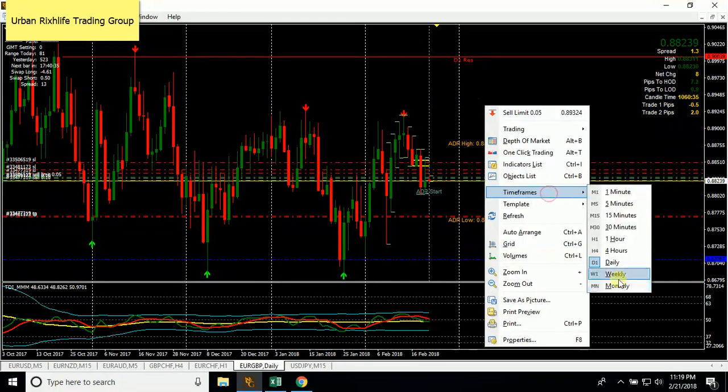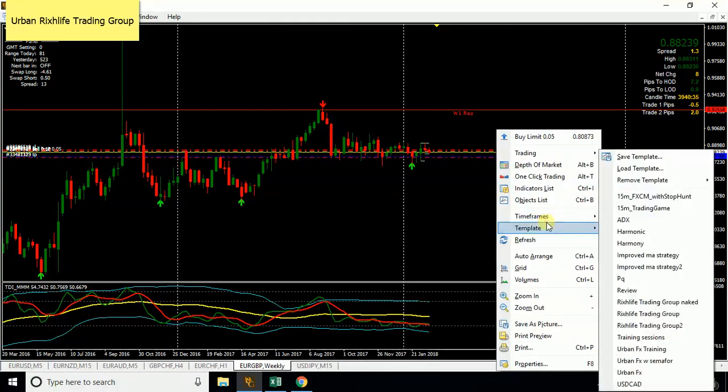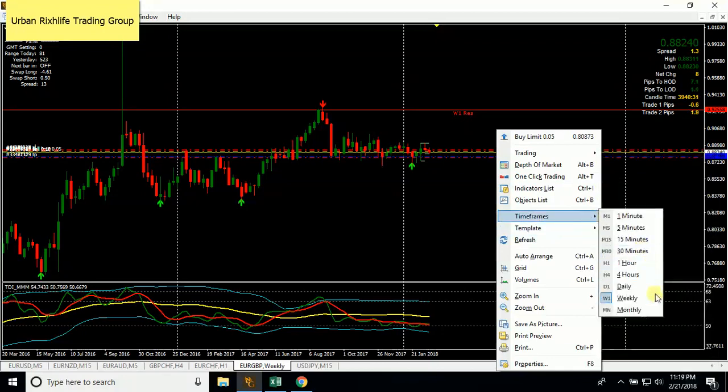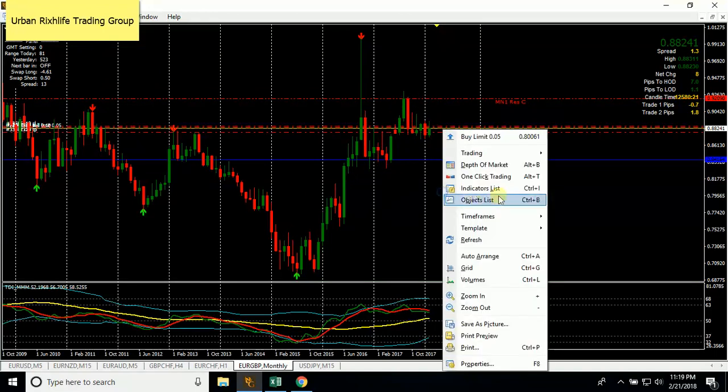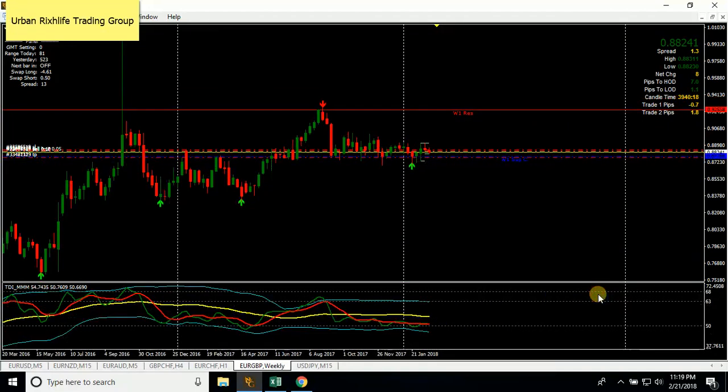So let's go to the monthly. Monthly resistance, monthly support. We got a rejection here at the resistance, waiting for it to come back and test the support. It looks like we're in a range here. We'll probably see that soon on the daily.